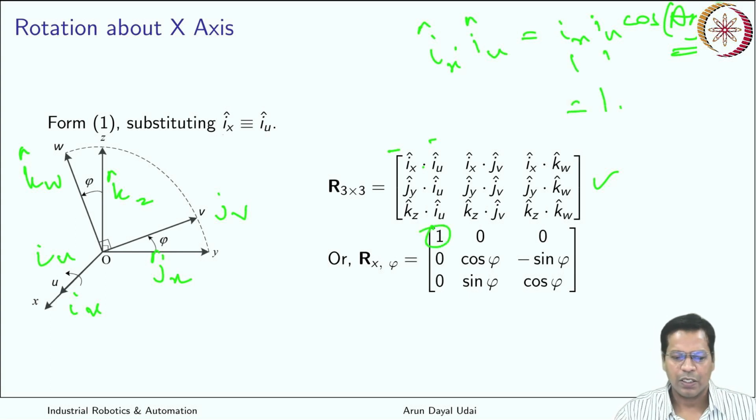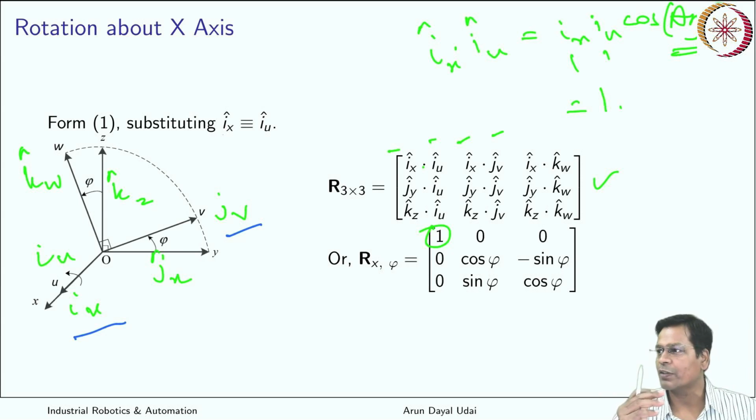Now let us see what is happening to the other parts of the matrix. This is IX dot JV. Both are always orthogonal to each other, so the angle between them is 90 degrees and the dot product becomes 0. Same with this, this, and this. So all these elements will be 0.